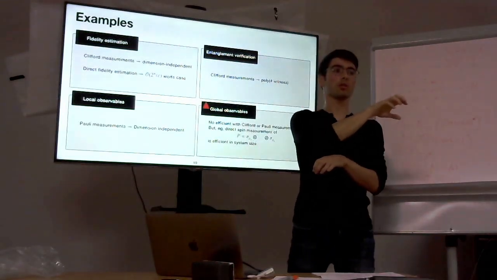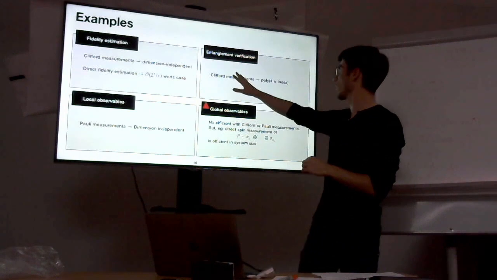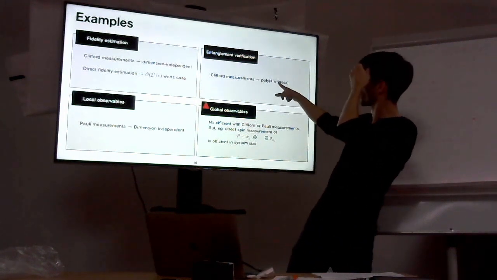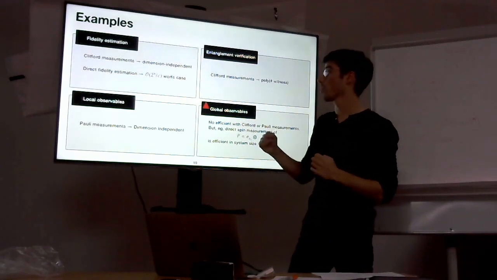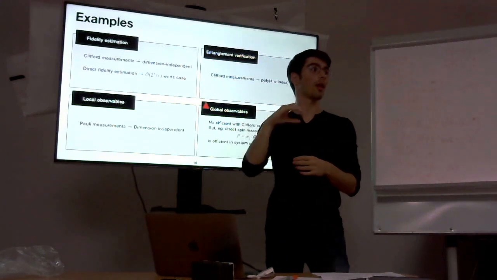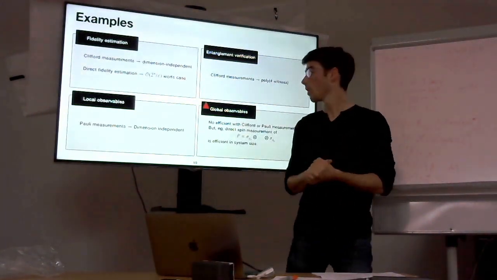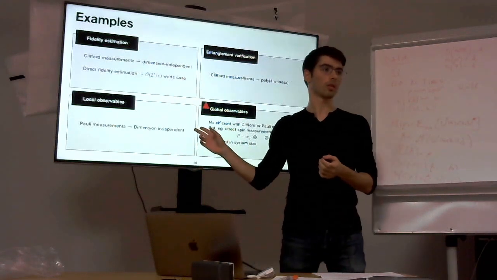So in the end, it depends on the size of the set of witnesses that you are using. Using Clifford measurements, it's also quite efficient: it's polynomial in the number of witnesses. And for any local observable, Pauli measurements, their norm is also well bounded by a constant, so it's dimension independent. So it's very interesting in those cases.